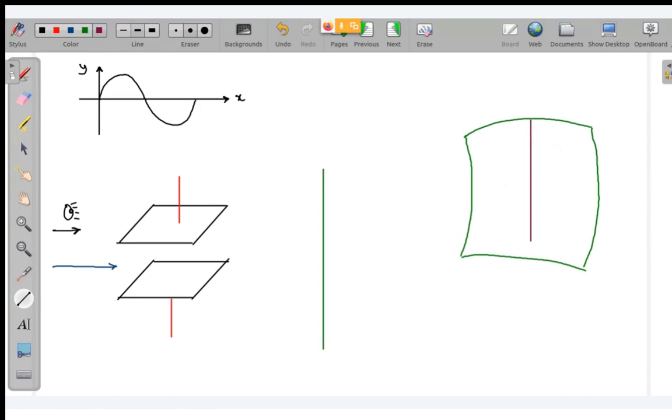So this is how one CRO screen looks. If you have seen, there are different grids over here.